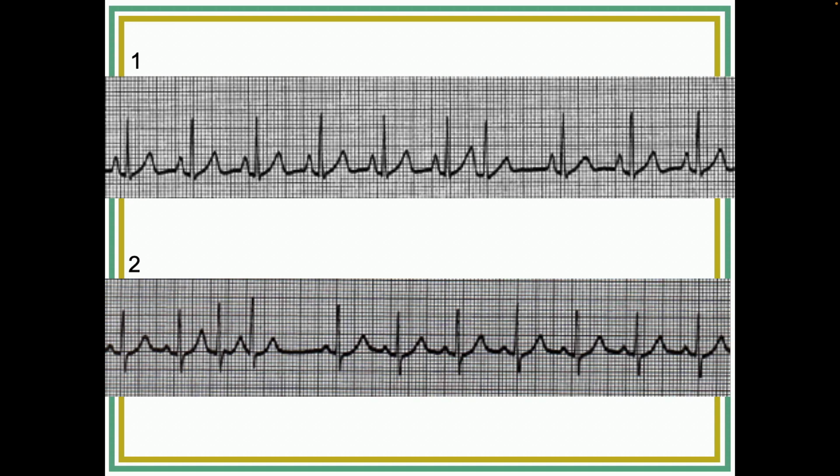We all eyeball things, and many times it works totally fine, until it doesn't. So especially when you're just starting off, make a habit of using your calipers, and as you develop your ability to just see things, you don't have to use them quite as much. Okay, so normal sinus with 2 premature beats. Any questions?